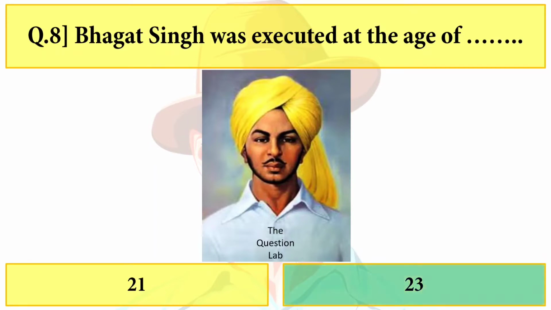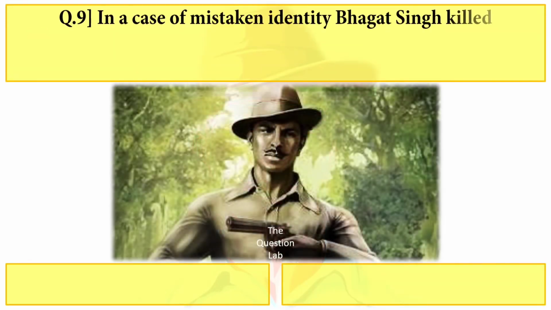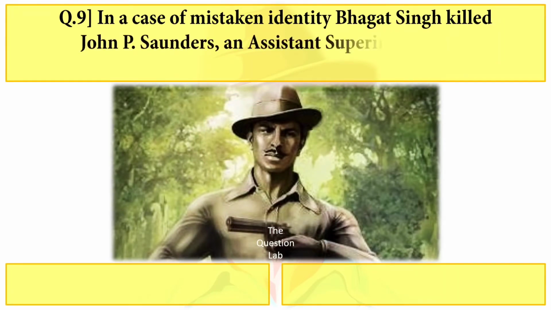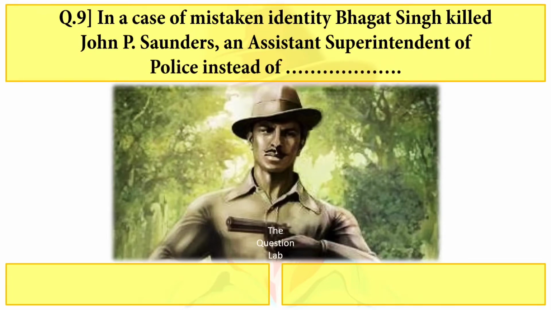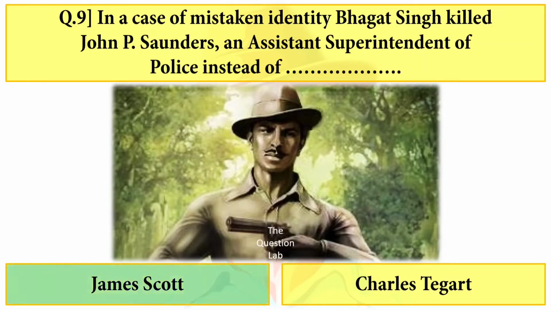23. Question number 9. In a case of mistaken identity, Bhagat Singh killed John P. Saunders, an assistant superintendent of police, instead of James Scott.